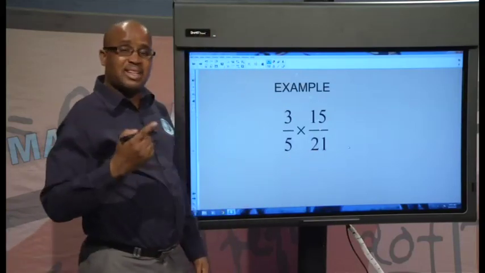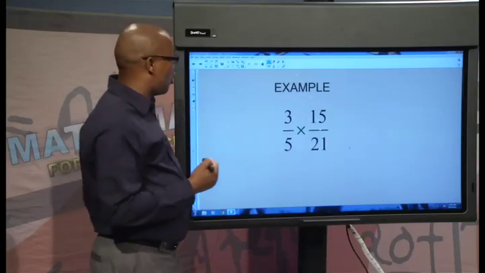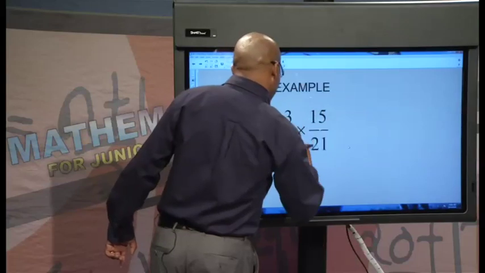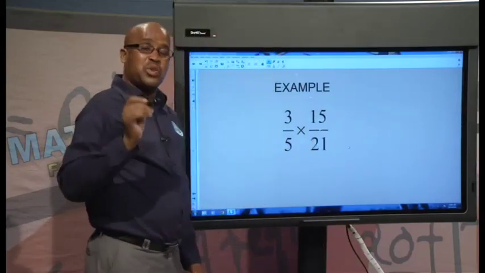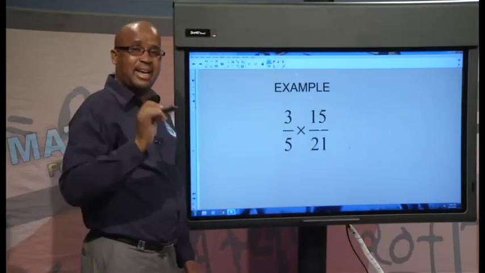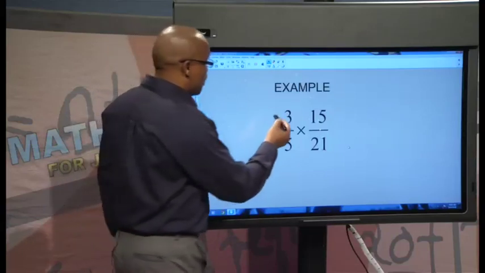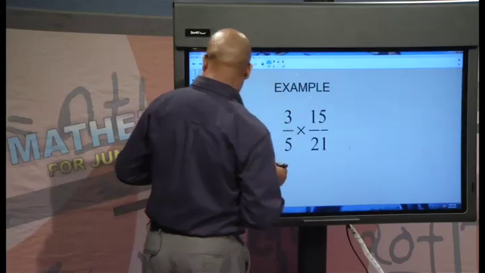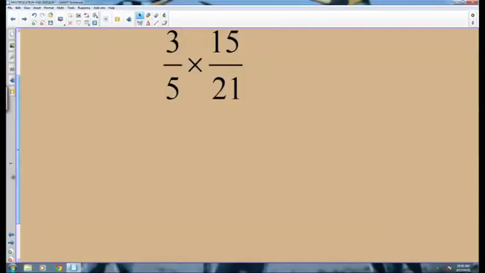But before you start multiplying, check if you've got some common factors which can cancel the numerator and denominator. But remember that you can only cancel a numerator with a denominator. So this is 3 over 5 times 15 over 21. How will we simplify this?